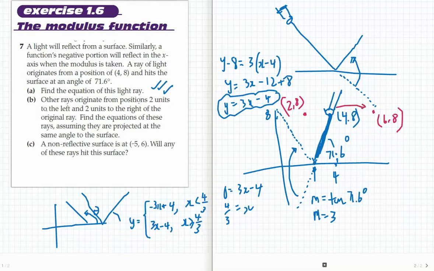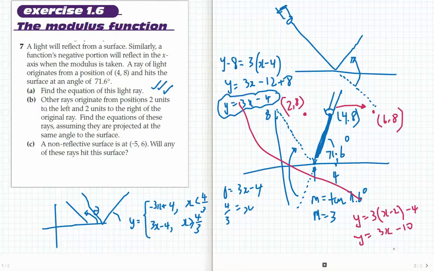If I move 2 units to the right, I replace x with x minus 2. So my new rule would be y equals 3 times (x minus 2) minus 4. y equals 3x minus 6 minus 4, which is 3x minus 10.